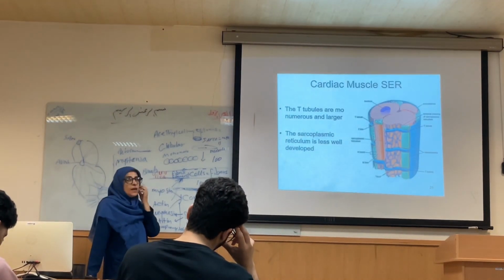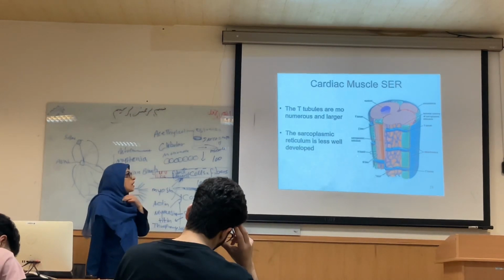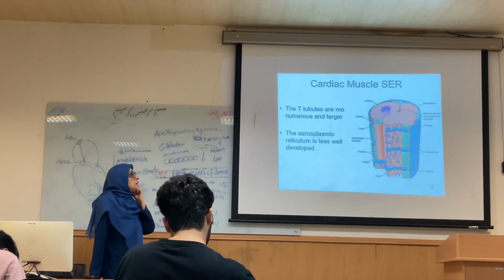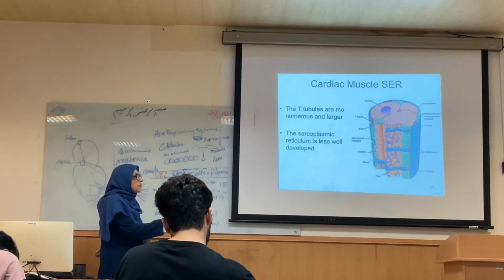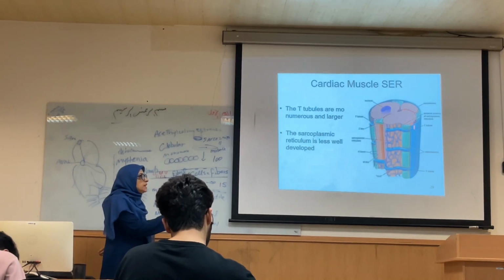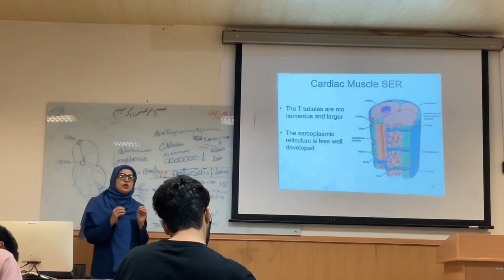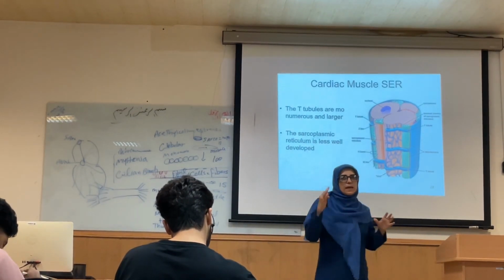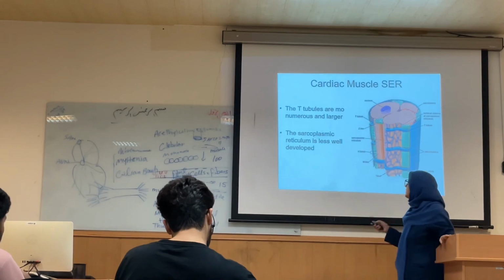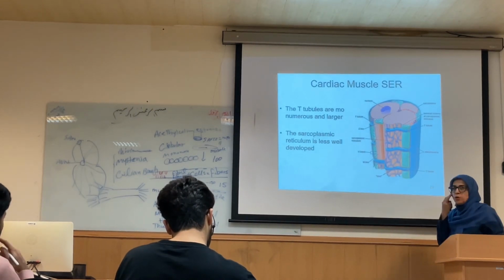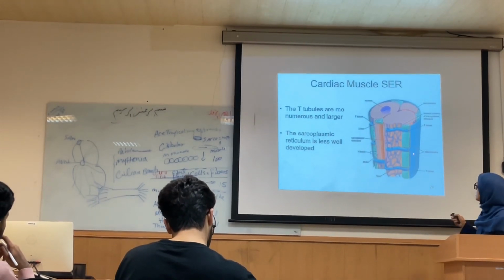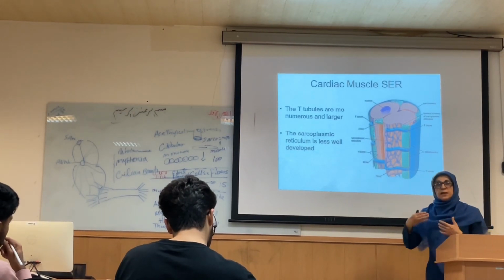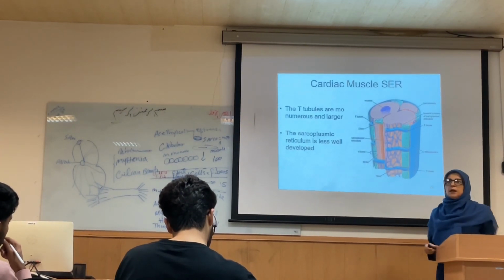The SR structures are more numerous. The SR has very fine tubules and is not as developed as in the skeletal muscle, but acts as a store of calcium ions. The T-tubules are more numerous in the cardiac muscle compared to the skeletal muscle.